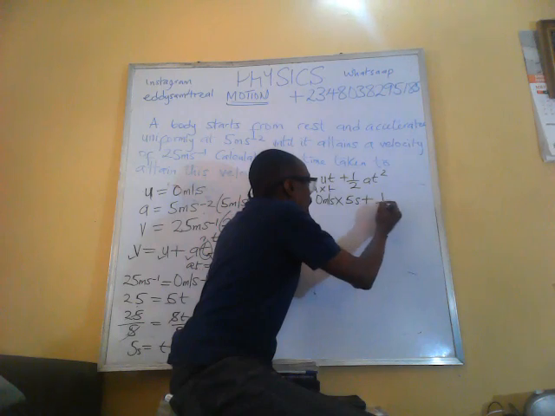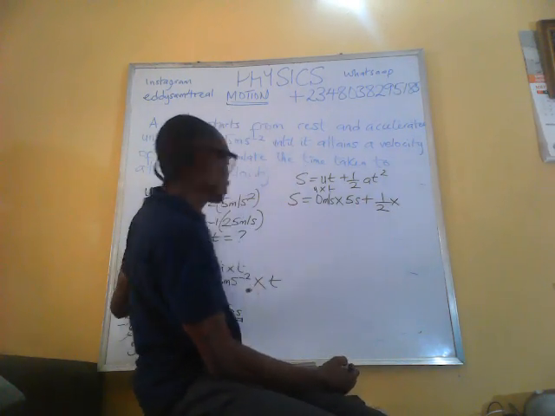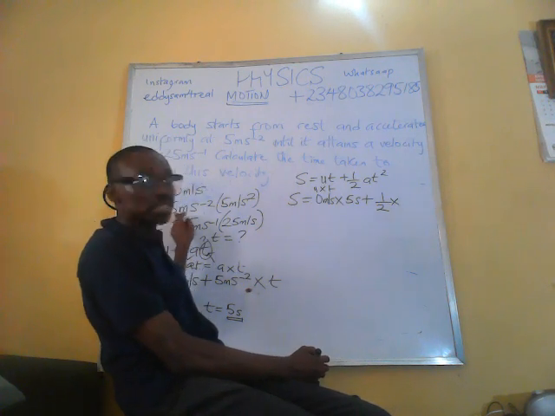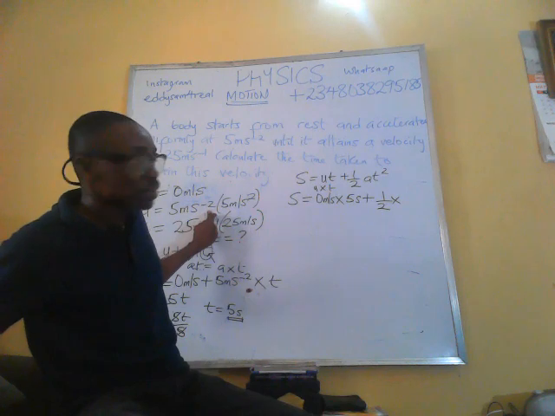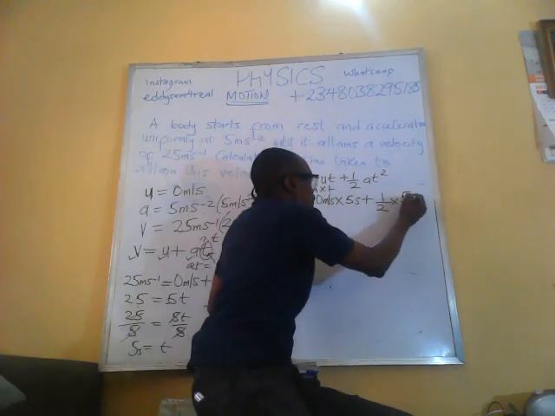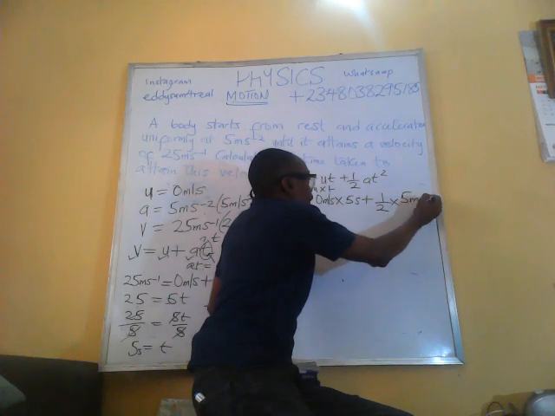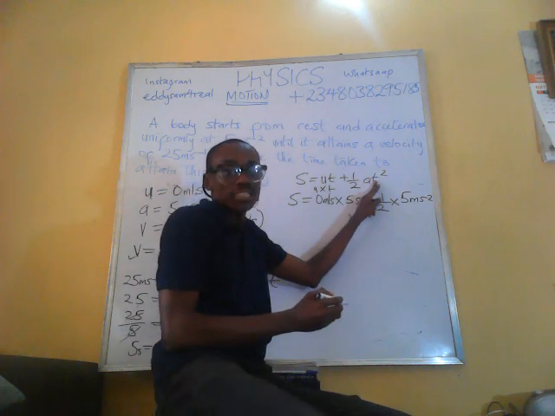Our acceleration a is 5 meters per second squared, times t squared.